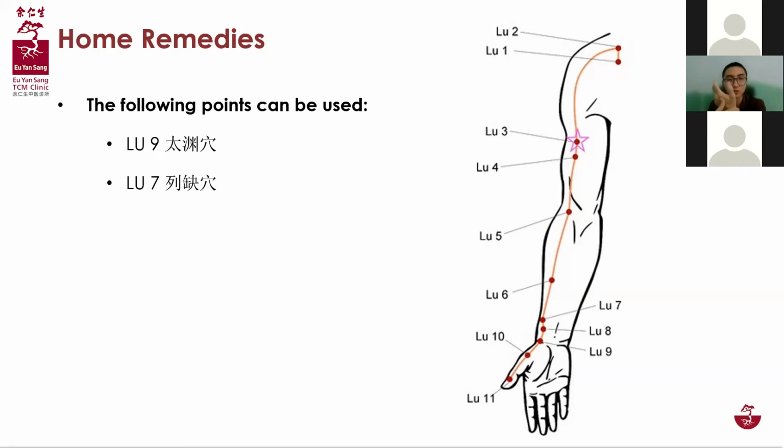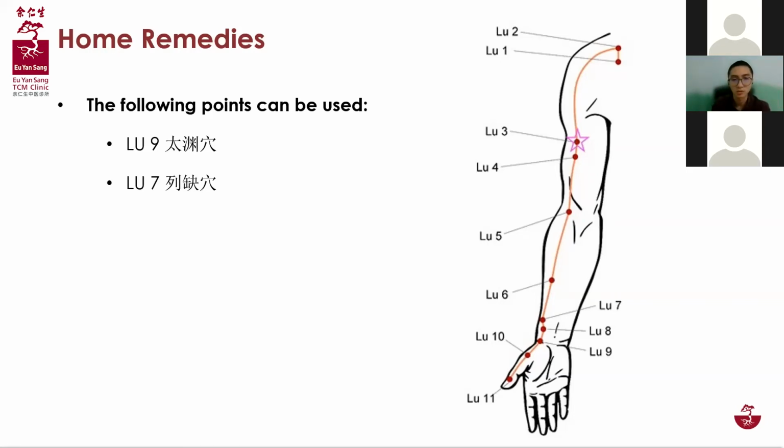For Taiyuan, at your thumb you feel there's a tendon, at the tendon and the wrist line. Where they intersect, you press on Taiyuan.